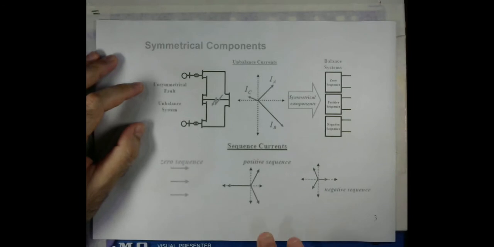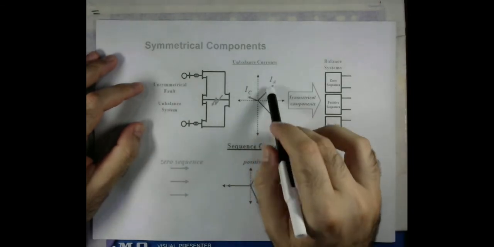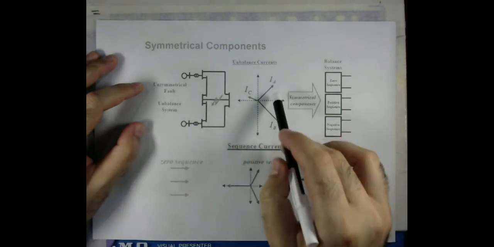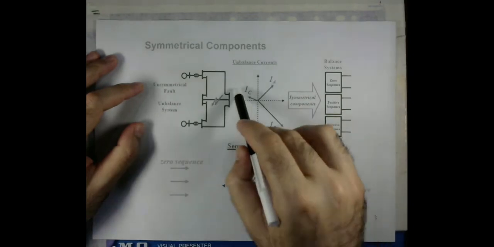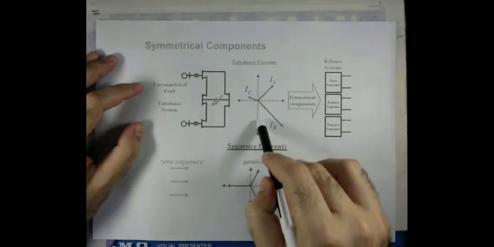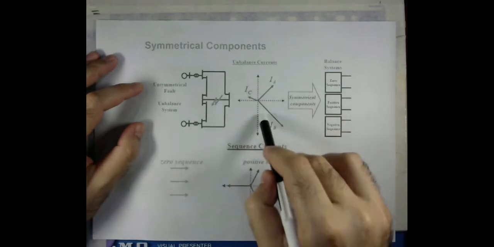We know that in a balanced system the magnitudes of the quantities are equal and they are phase shifted by 120 degrees. But once an unbalanced fault appears, the magnitudes are no more equal. So this is an unbalanced situation where the three phases have different currents.